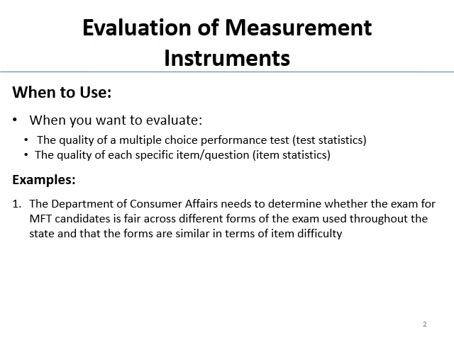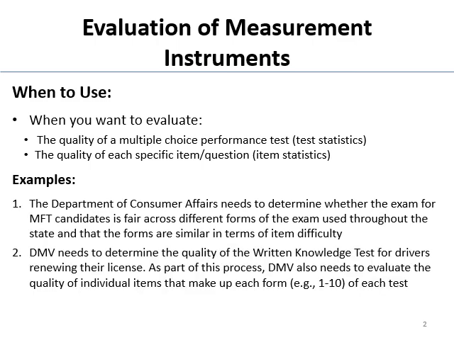To get your CFT or whatever it's called now license, you have to pass an exam, and there's more than one version of the exam. But what if one exam version was really hard? That wouldn't be fair, right? So they actually do a test analysis to ensure that they're equal in terms of difficulty, and that is when you use this sort of thing.